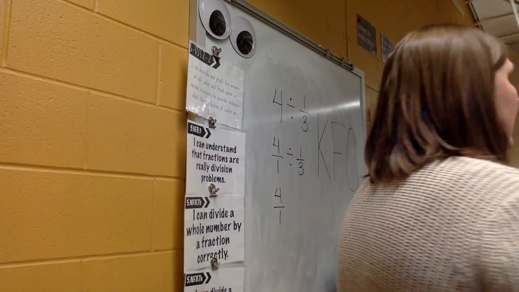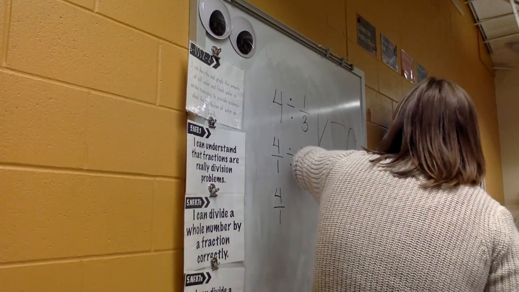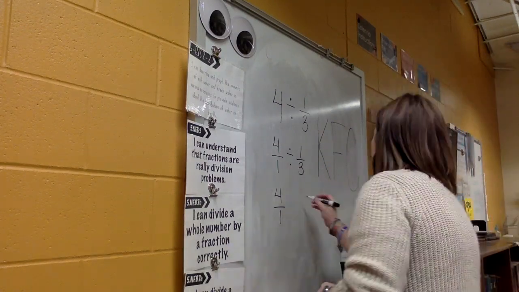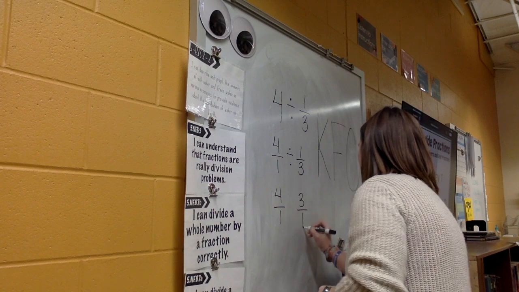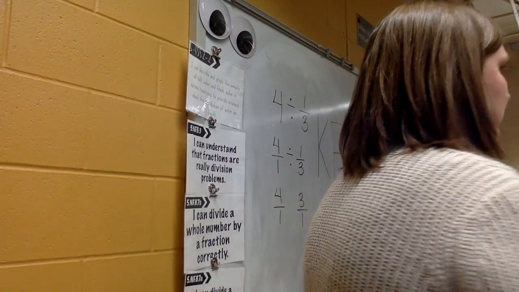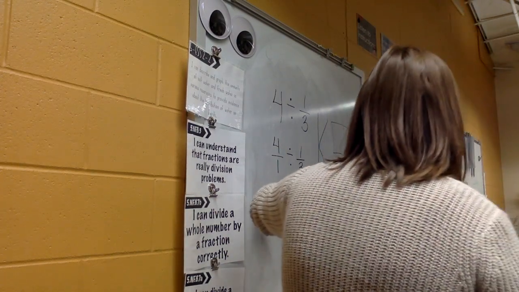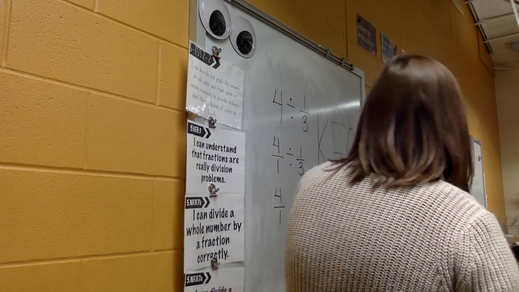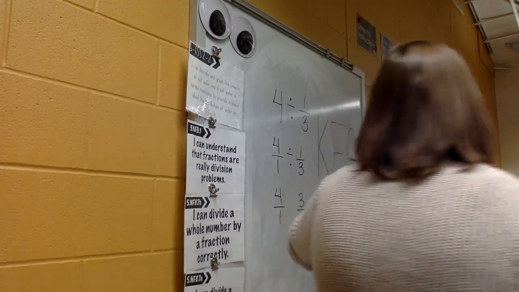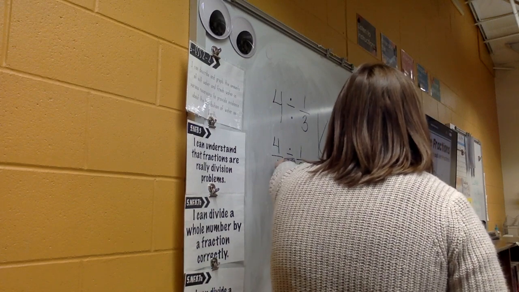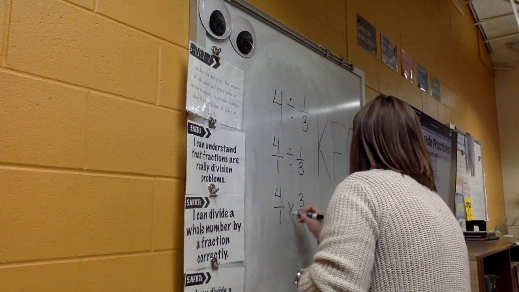F stands for flip. I flip my second number, so it becomes 3/1. So keep your first number, flip your second fraction, and then you change division to multiplication.